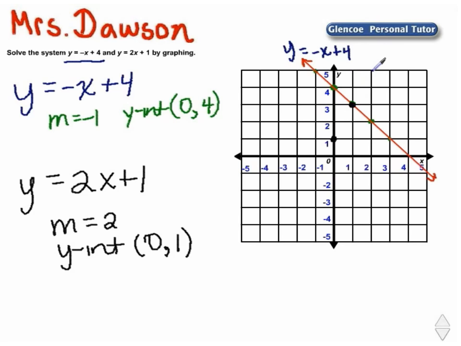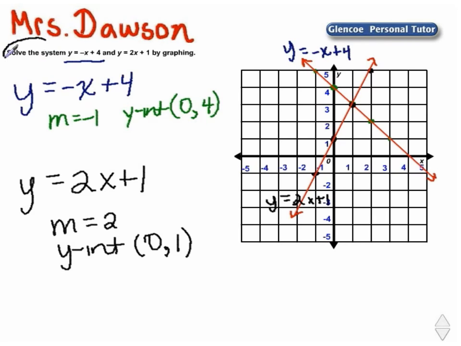Up 2, right 1. Or we could have gone down 2, left 1. Grab the line and connect the points. Arrows on the end, and identify this line as y equals 2x plus 1.